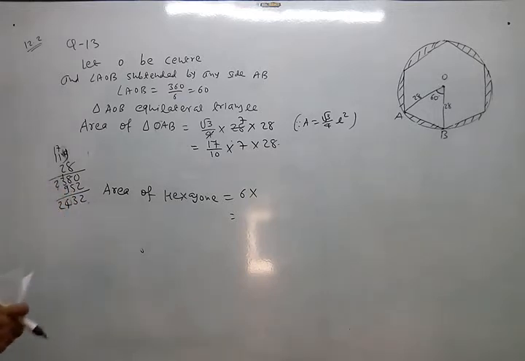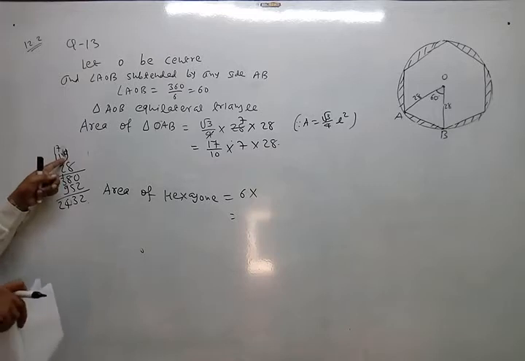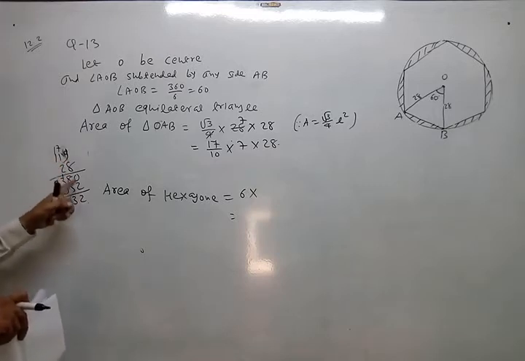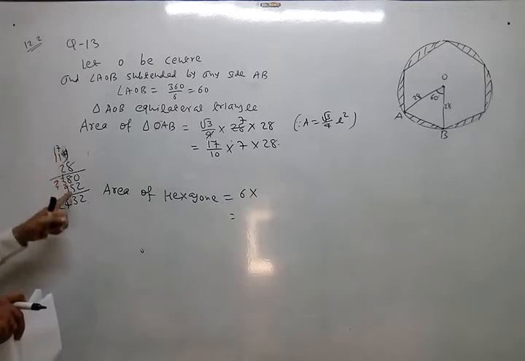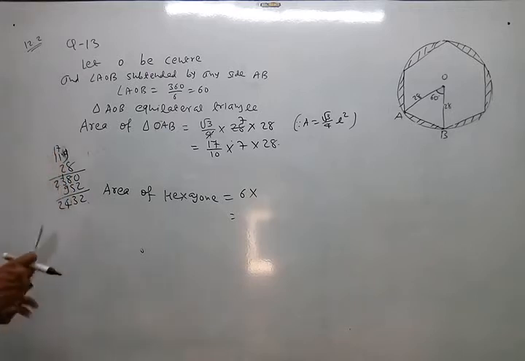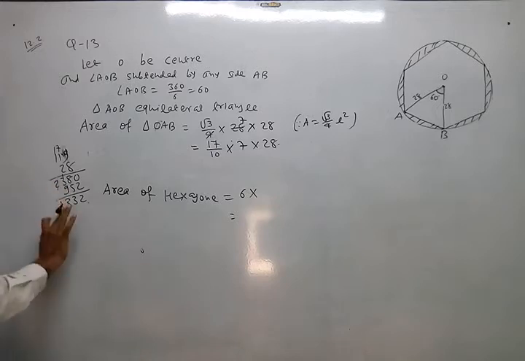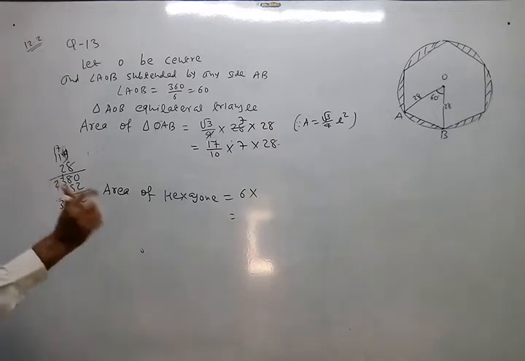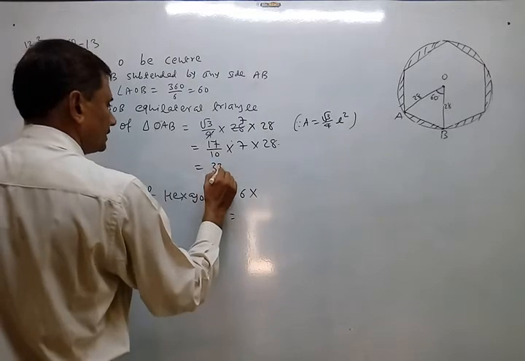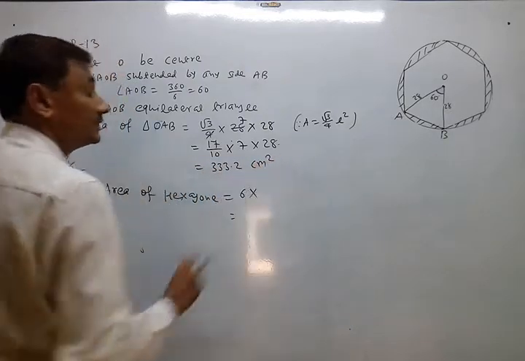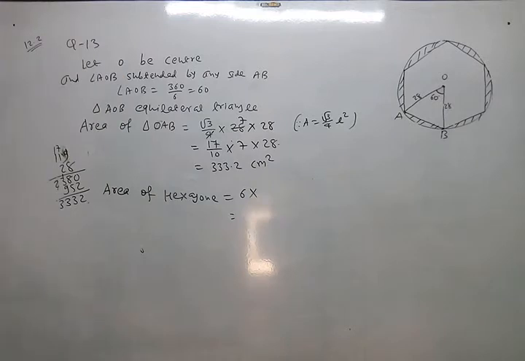Again verify: 17 sevens are 119, into 28, so it is 333.2. So that is the area of one triangle only.